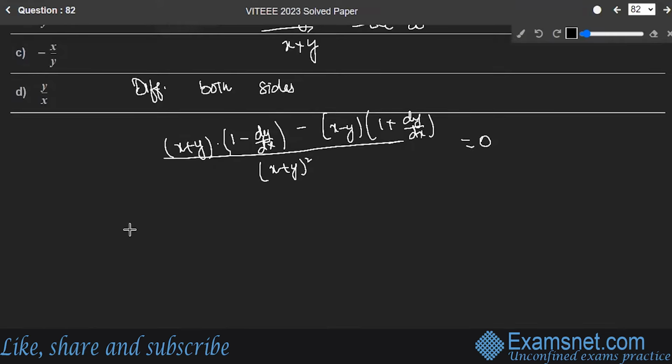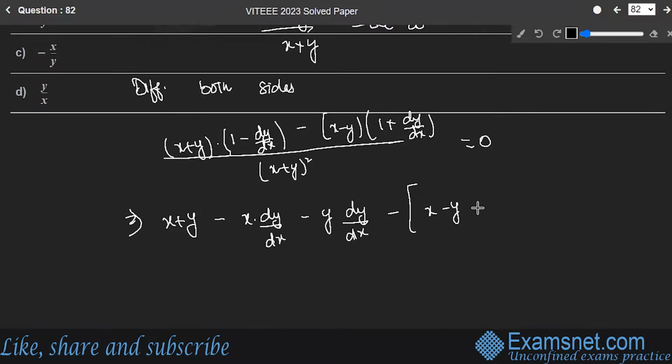This makes (x plus y) into (1 minus dy by dx), minus (x minus y) into (1 plus dy by dx), whole divided by the denominator squared, and this is cross multiplied, so it is equal to 0 itself.